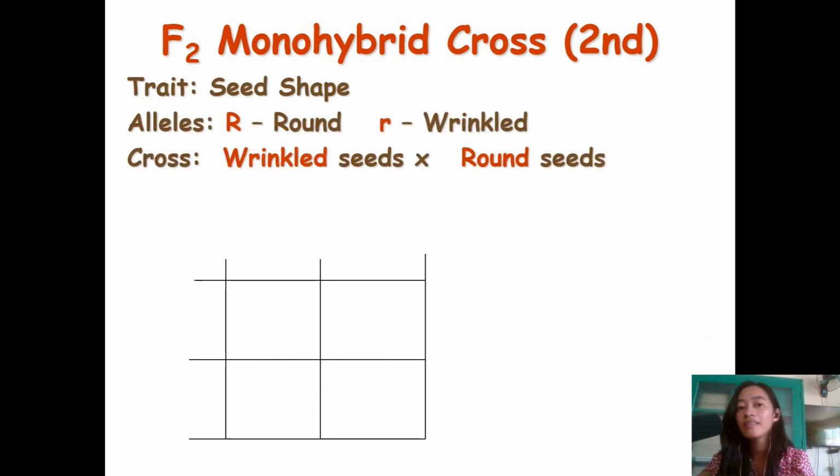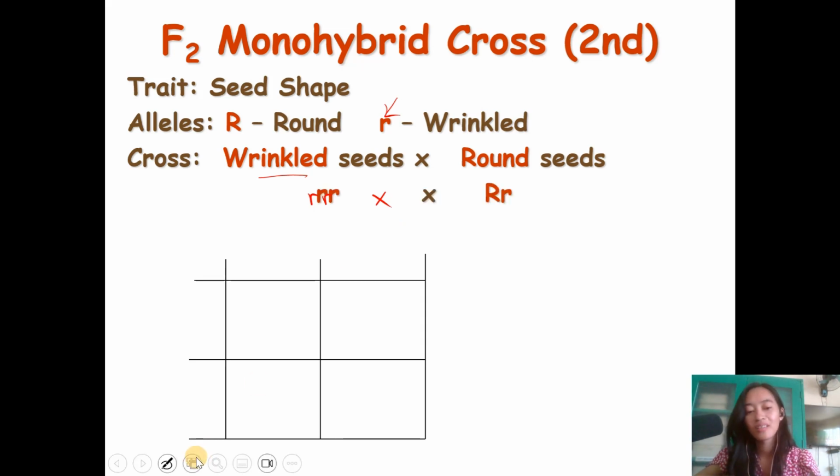How about if we combine wrinkled seeds versus round seeds? Wrinkled only comes out when only small letters meet. So if we guess, small r times, it depends on what is given.